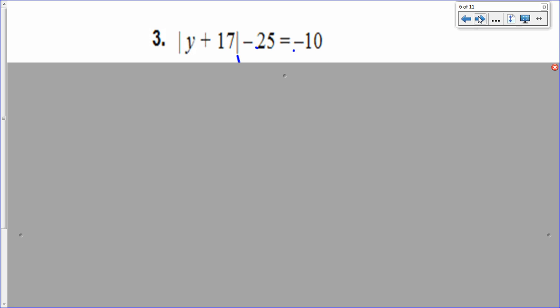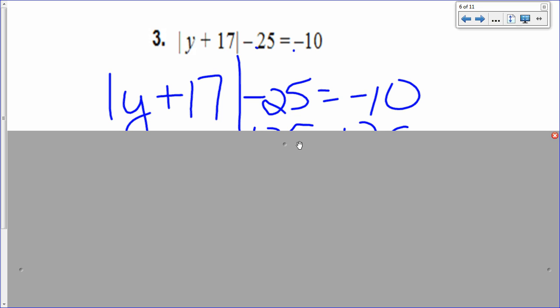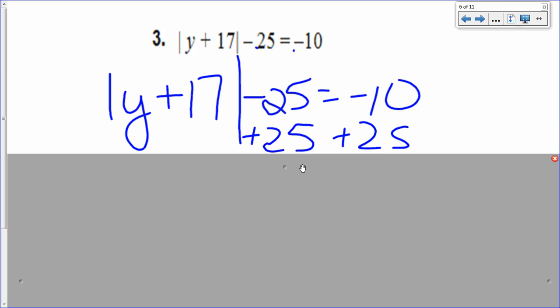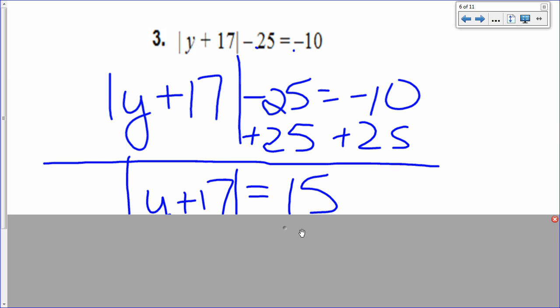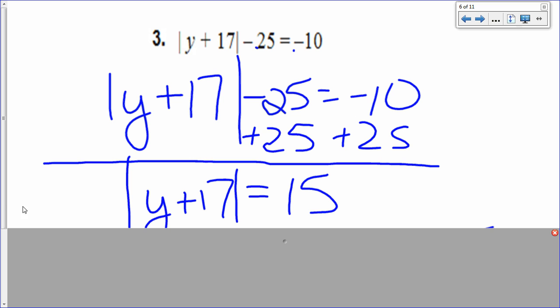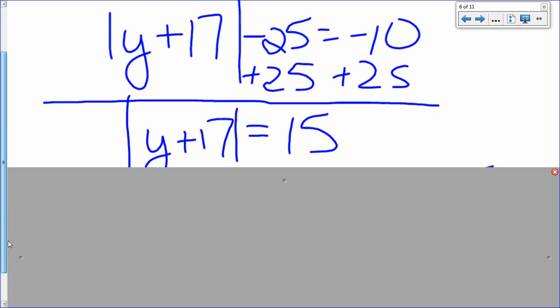Here's another example. The absolute value of y plus 17, minus 25, is equal to negative 10. We're going to start out by adding 25 to each side, and we end up with the absolute value of y plus 17 is equal to 15.